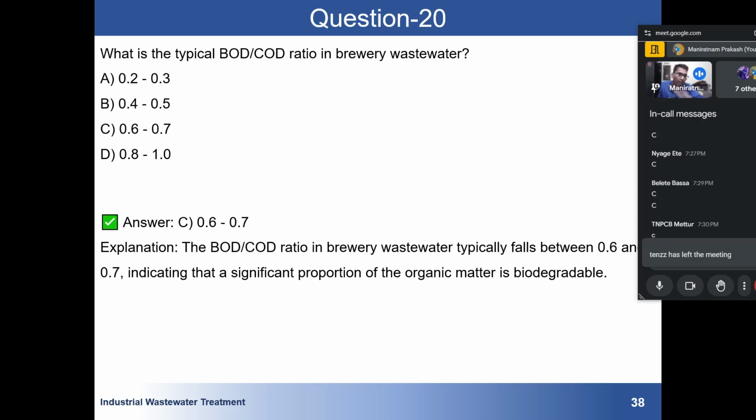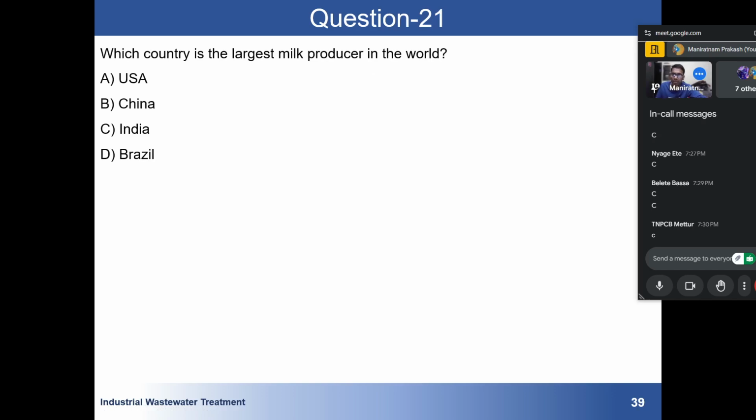It will never be higher, it will always be equal. Just look into this example. In this wastewater, the BOD by COD ratio is nearly 0.6 to 0.7.